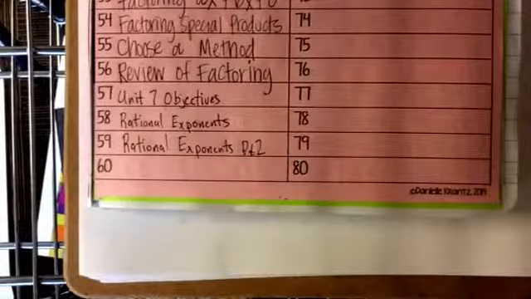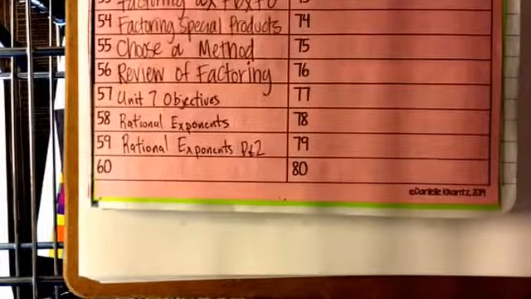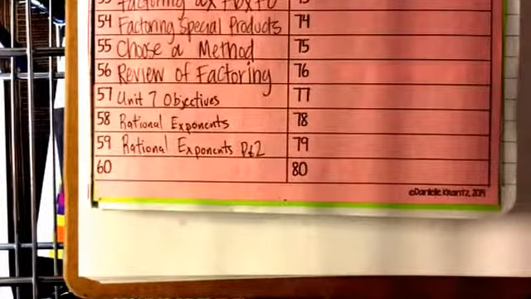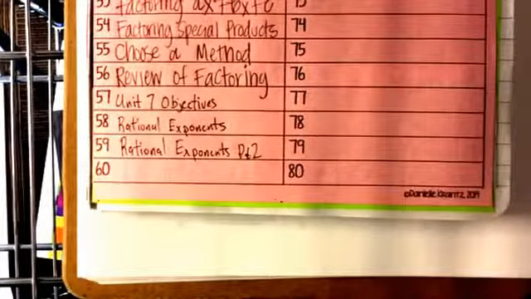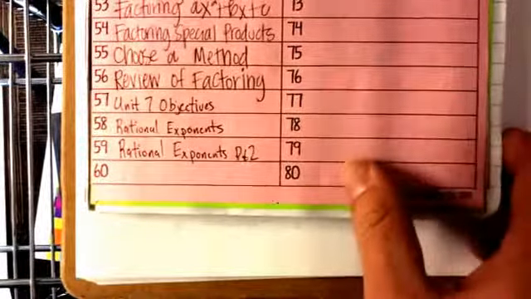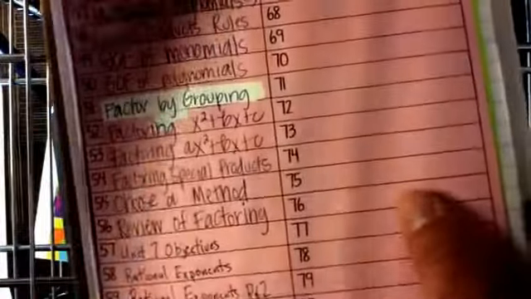So today, page 59, Rational Exponents, Part 2. The objectives for today will be the same as yesterday. So go ahead and turn to page 59, and we'll start our notes.